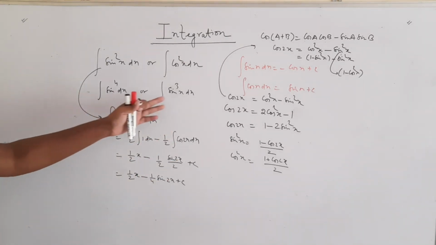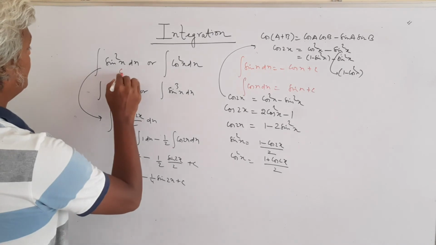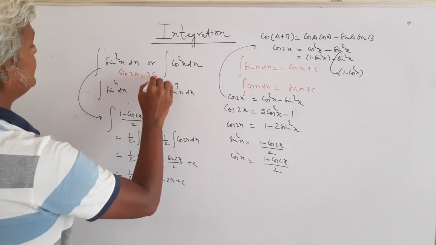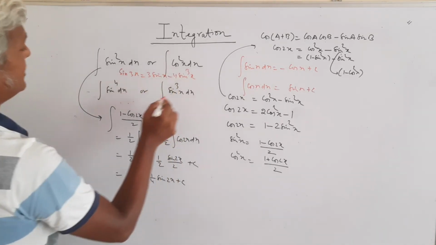Now what about sine cube x? For sine cube x, again you need to know the formula for sine 3x. What is the formula of sine 3x? Sine 3x is 3 sine x minus 4 sine cube x.